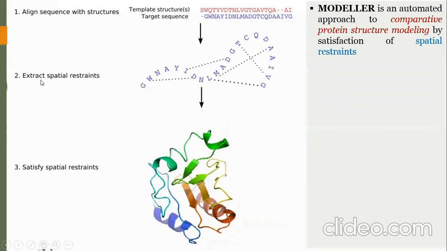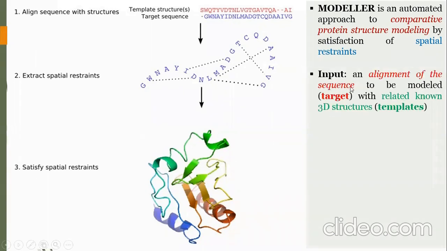And this is extract spatial restraints. It will extract the spatial restraints, the spatial distances, and after that it will satisfy the spatial restraints and give us the structure. So Modeller is an automated approach to comparative protein structure modeling or homology modeling by satisfying spatial restraints. So spatial restraints को ये satisfy करके ये structure बनाएंगे.